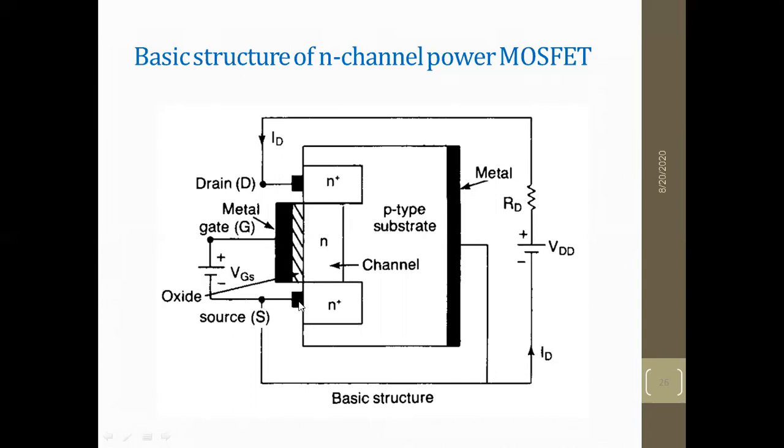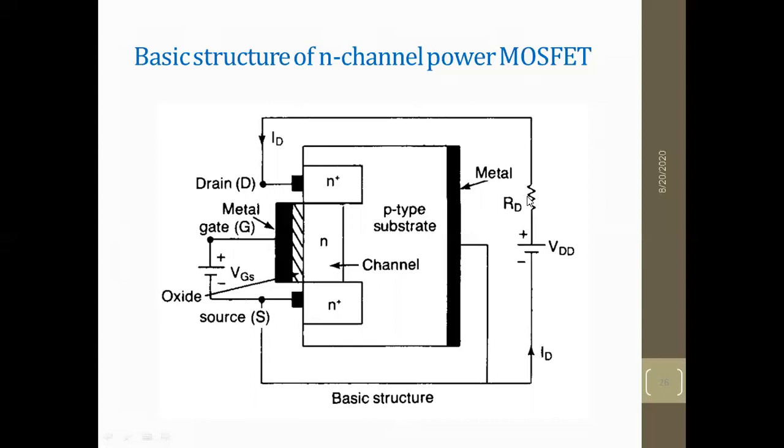Here the source is connected, and the gate to source voltage is positive to negative, that is, forward biased. The gate is more positive with respect to the source, with the gate to source voltage VGS applied here, and the drain voltage VDD and drain resistance RD are shown.